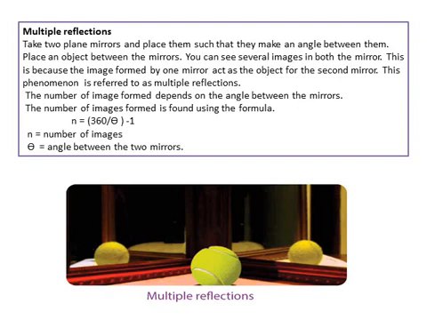Yes. The number of images formed depends on the angle between the mirrors. The number of images formed is found using the formula n = 360/theta - 1, where n refers to the number of images and theta refers to the angle between the two plane mirrors.